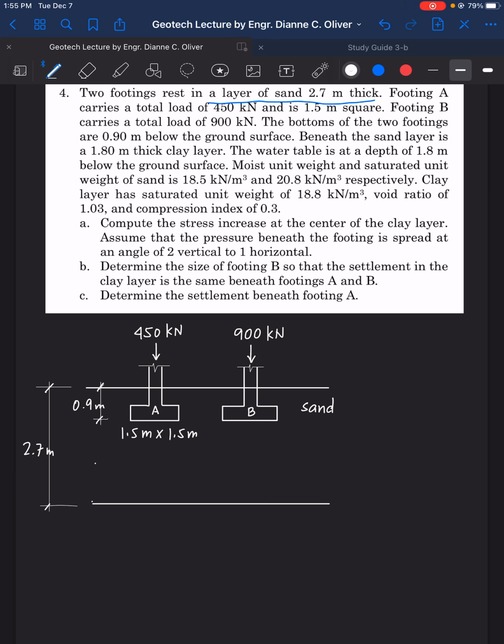So this one here is a clay layer. If this is our sand, then this is our clay layer. And the thickness says there, 1.8 meter.